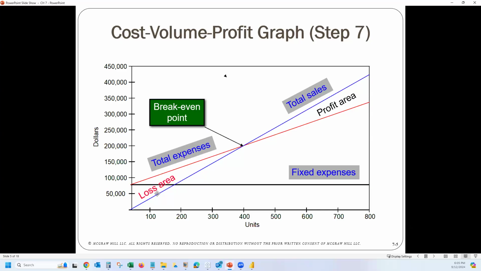Which means at the point of 0 here, if we do not produce anything, we will still incur fixed costs of $80,000, just like what we had earlier. Whether we produce or not, we still incur that fixed cost because it's a fixed cost, or sometimes a committed cost. But the variable cost will only start increasing as we continue to produce from 0 points, and as we increase the number of units through the graph, this red line will increase proportionally.